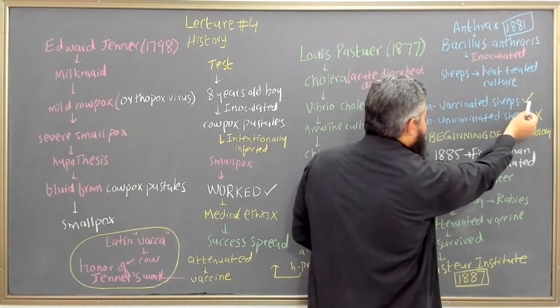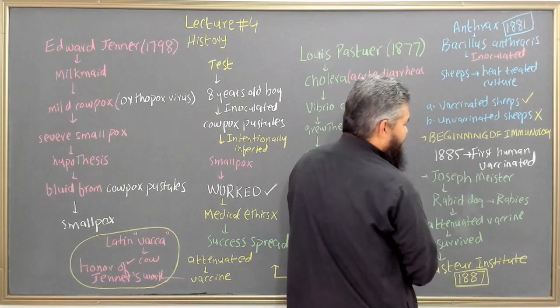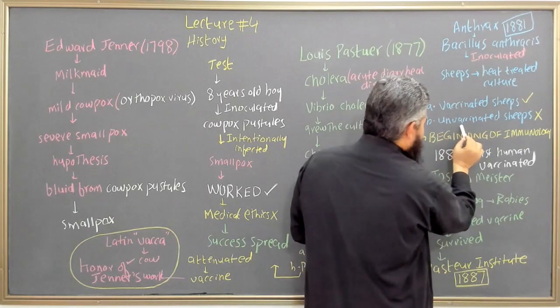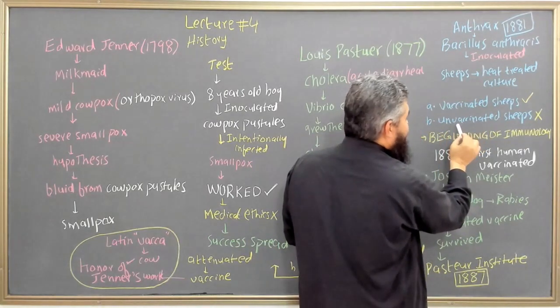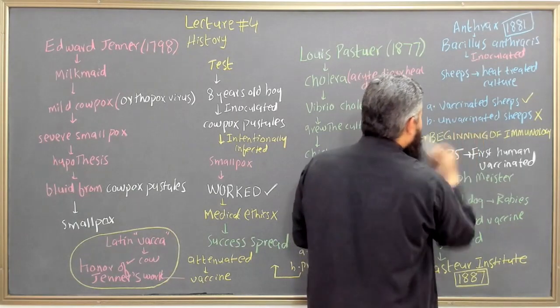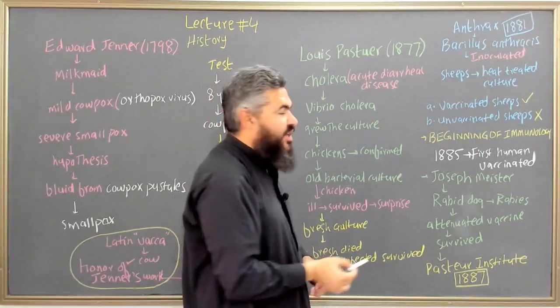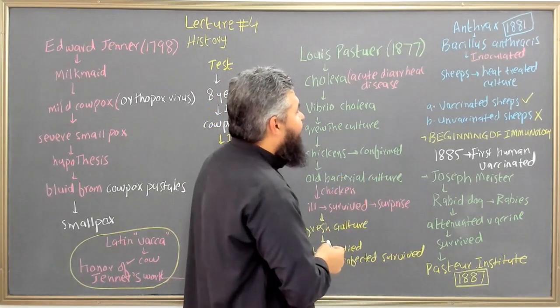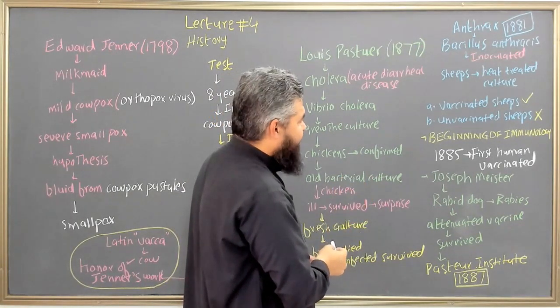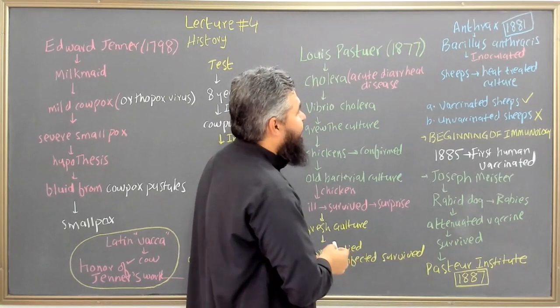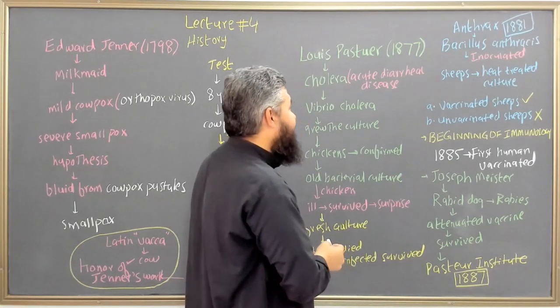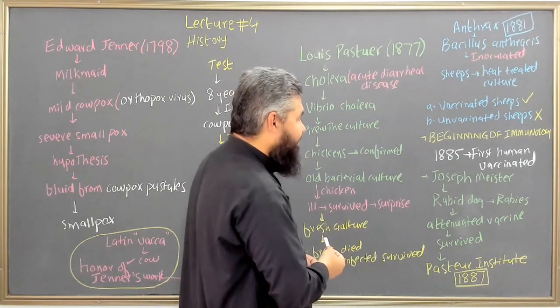Therefore, they do not get the anthrax condition. The unvaccinated sheep, because they have not been exposed to Bacillus anthracis first, are not immunized. So when they are exposed to the wild type of the Bacillus anthracis, they are not going to survive, and they are going to get the anthrax.